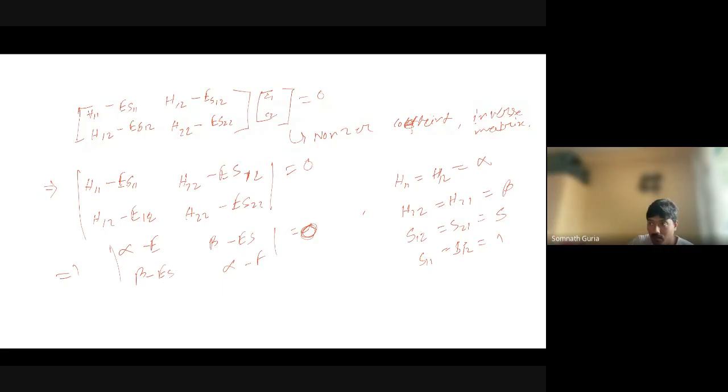And then this determinant gives me E equals alpha plus/minus beta over 1 plus/minus S, right?